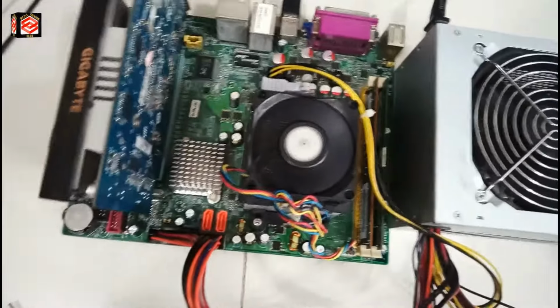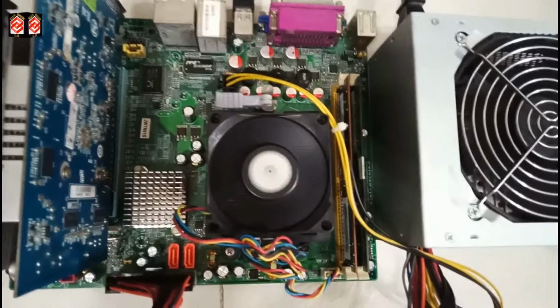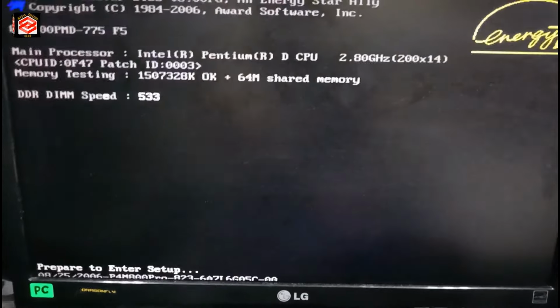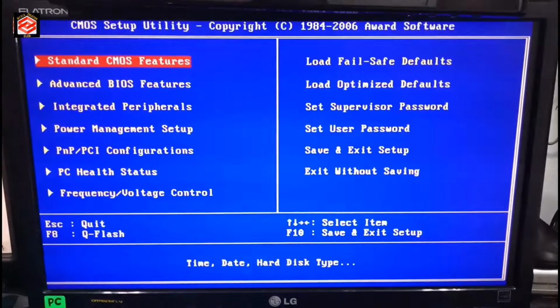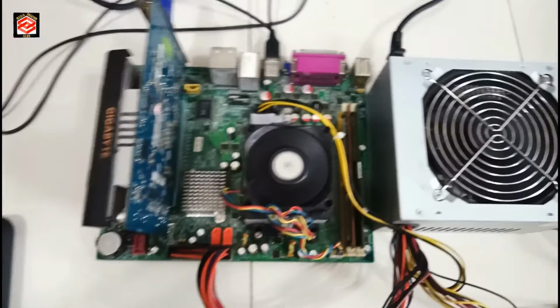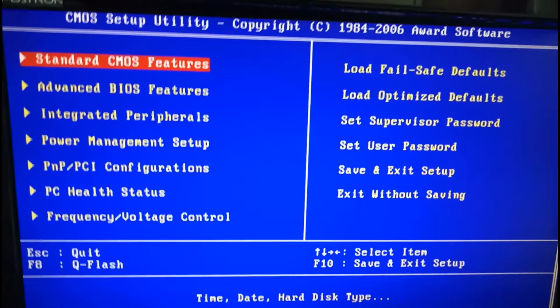My camera can show you the CPU is running, the power supply is running, and if we check the monitor now, the monitor also got the display of our motherboard. You can see the motherboard screen come up, so you can check. Our motherboard is running perfectly after we changed the capacitors.